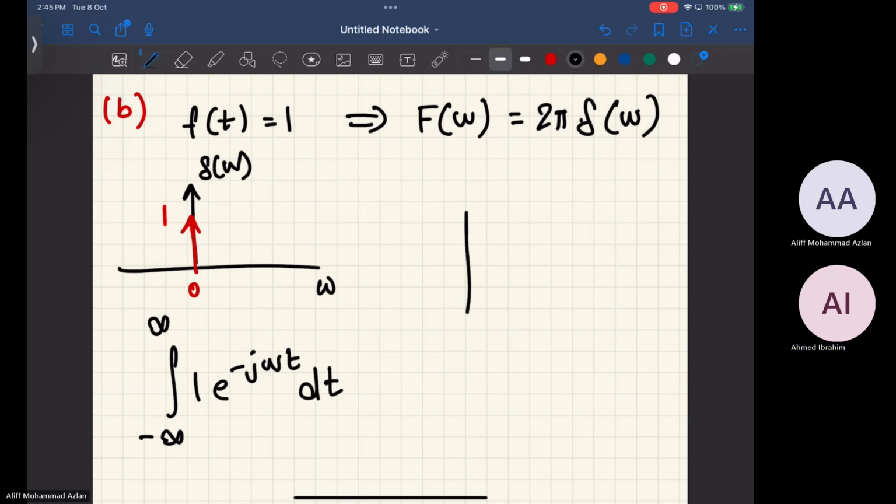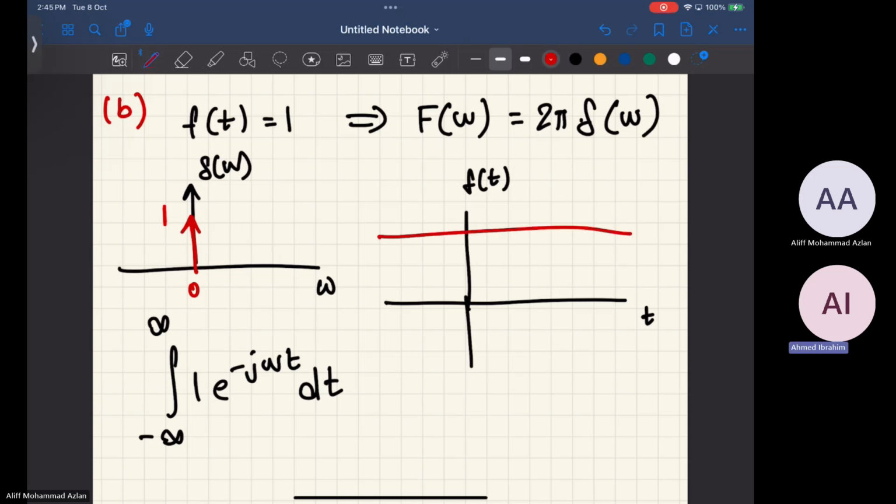So we have f of t is just equal to 1. And we cannot evaluate that. So instead, we can evaluate something which we know its Fourier transform. So in this case, we can create one using two unit step functions.